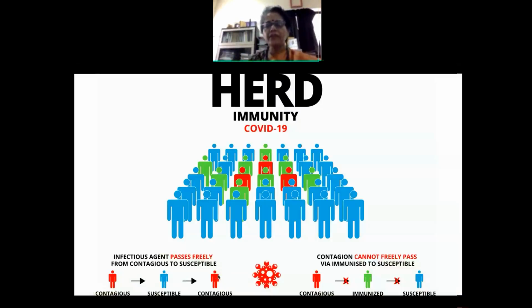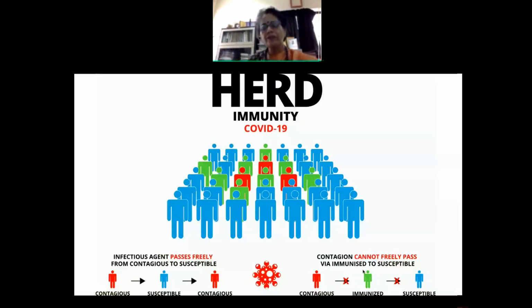But if herd immunity is developed, in a herd immunity, the maximum number of people will have developed immunity towards the infectious agent. So even when such an immunized person comes in contact with a contagious person, he or she is not susceptible, so that the route of transmission of the virus gets broken.